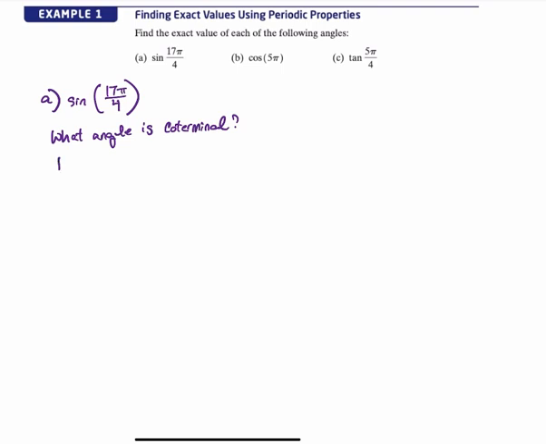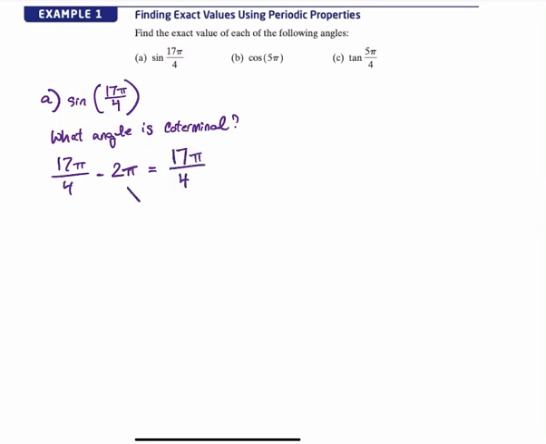So if we have 17 pi over 4, I'm trying to find a coterminal angle that is within just one single rotation around the unit circle. So we can just start subtracting 2 pi, which is like subtracting 360 degrees. So first, let's get a common denominator so we can do this subtraction.